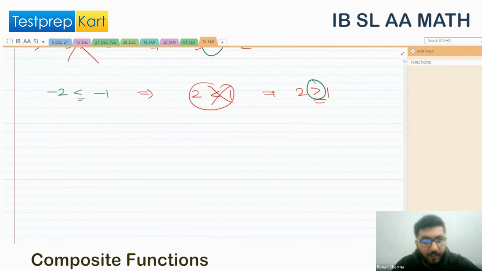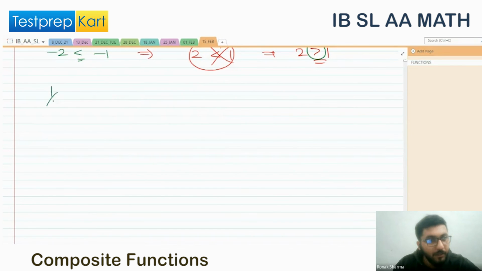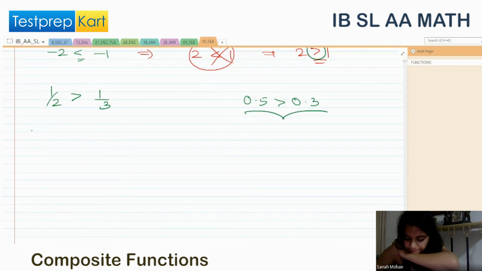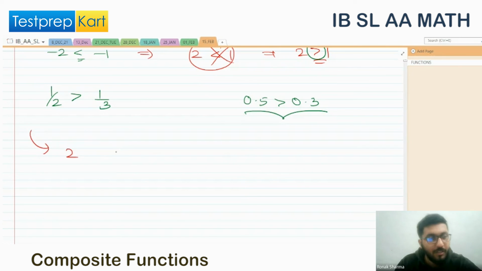Let's say we know that 1 by 2 is greater than 1 by 3. Remember that. 1 by 2 is 0.5, 1 by 3 is 0.3. 0.5 is definitely greater than 0.3. But if I take the reciprocal, this will become 2, this will become 3. So should I put this sign or this sign?